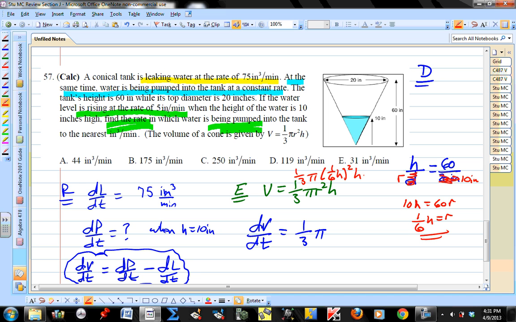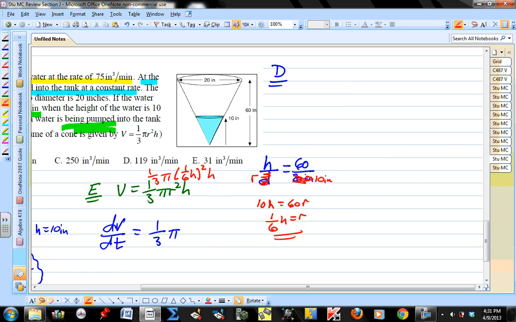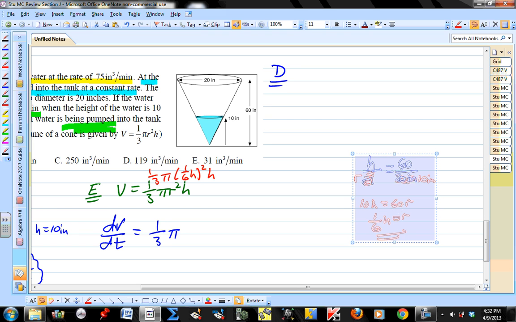Now let's think about this a little bit. Let's see if we can get some more room. Move this stuff over. Okay, now, right here. If we square 1/6, we're going to get 1/36.